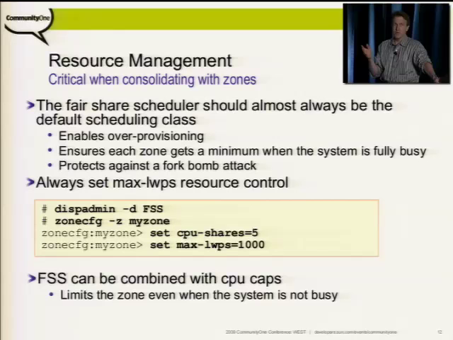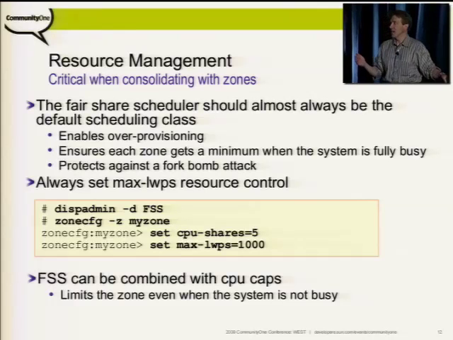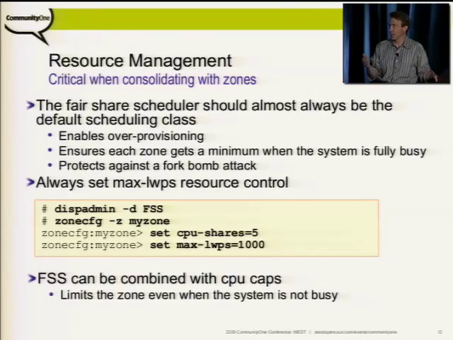Normally, you would use CPU caps in a situation where, let's say, people are buying CPU time. If they buy one CPU worth of time from you for that zone, then you want to limit them to only one CPU, even though you're running them on, let's say, a 64-way box. If they've only bought one CPU, you could set a CPU cap, and they won't be able to get any more resources.